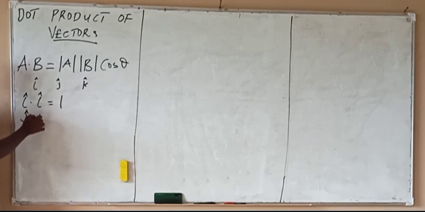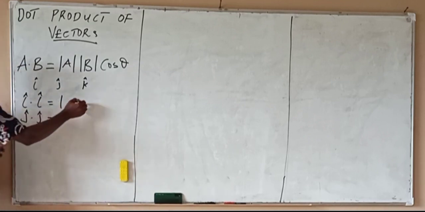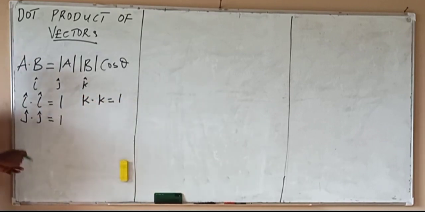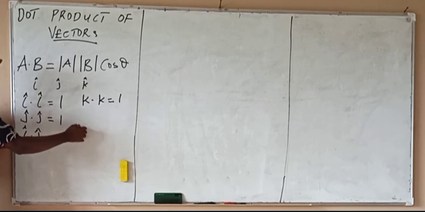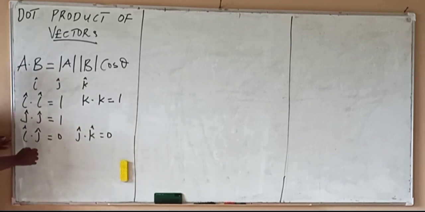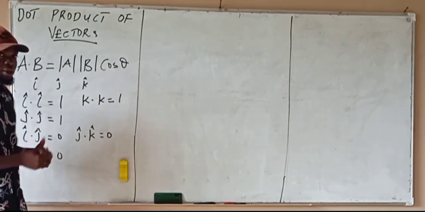J dot J will be equal to 1. K dot K will also be equal to 1. Take note of that. Then I dot J is equal to 0. J dot K is also equal to 0. K dot I will also be equal to 0. Take note of this. Very important.